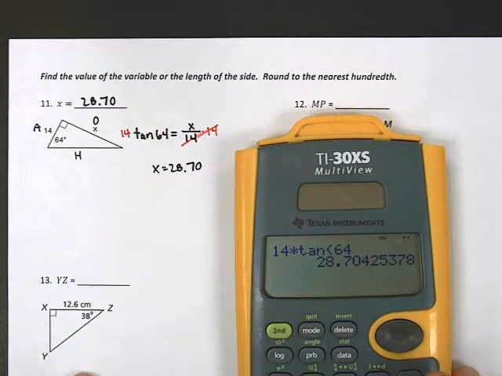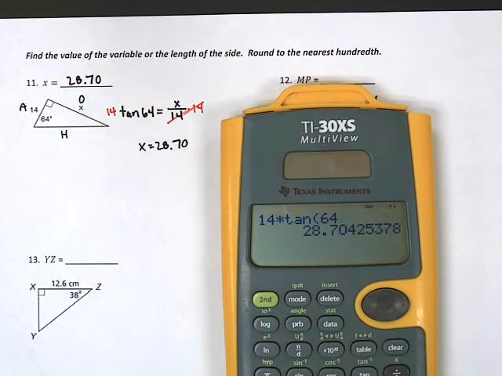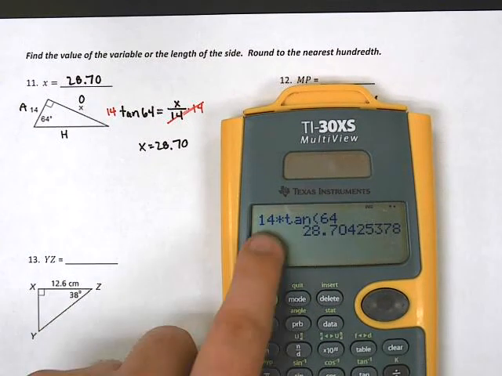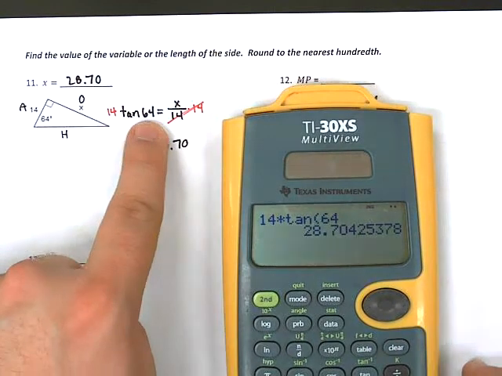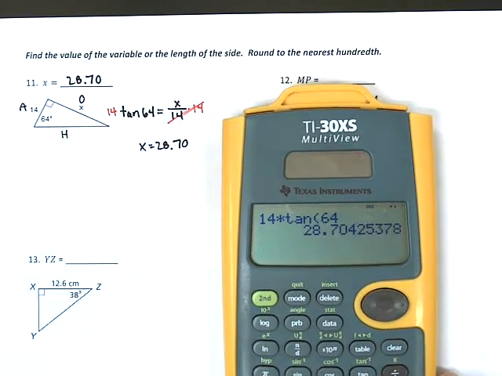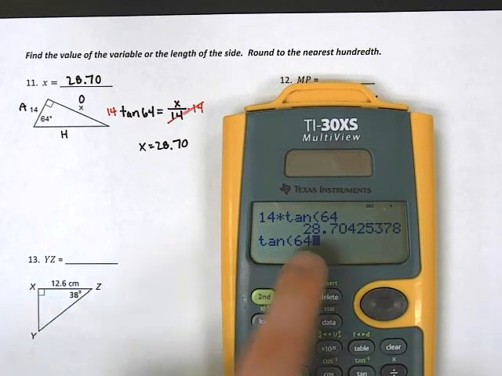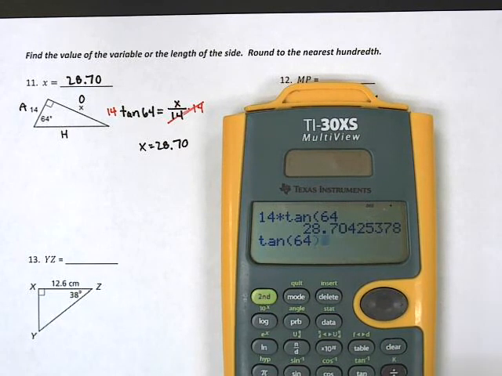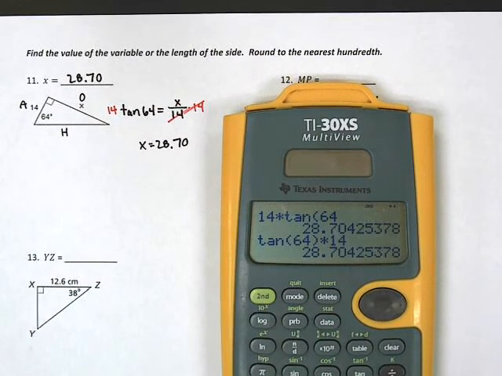Things to keep in mind here, just common errors that I want to try to get out of the way now. Please make sure that if you have any actual numbers, like this 14 that you're multiplying by tan 64, I tend to just put it in the front, because if you forget to close your parentheses, right, like you need to take the tangent of that angle. So normally we would have to do tan of 64 and then times 14, which would be okay. But I bet you understand or know what I'm going to say here.